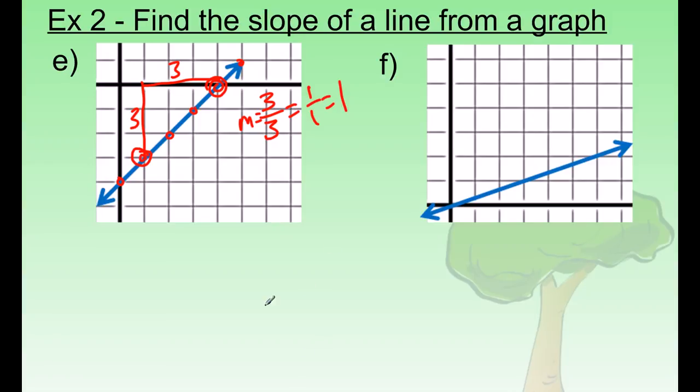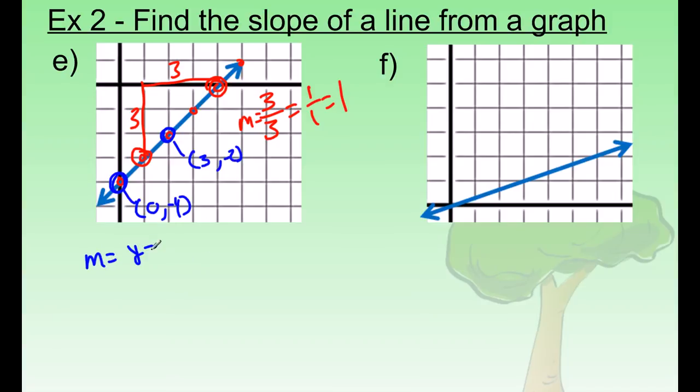Now to do this using the formula method, I'm going to pick 2 other points. I'm going to pick this point and this point. So this point has the coordinates of 0, 1, 2, 3, negative 4. This has the coordinates of 3, negative 2.